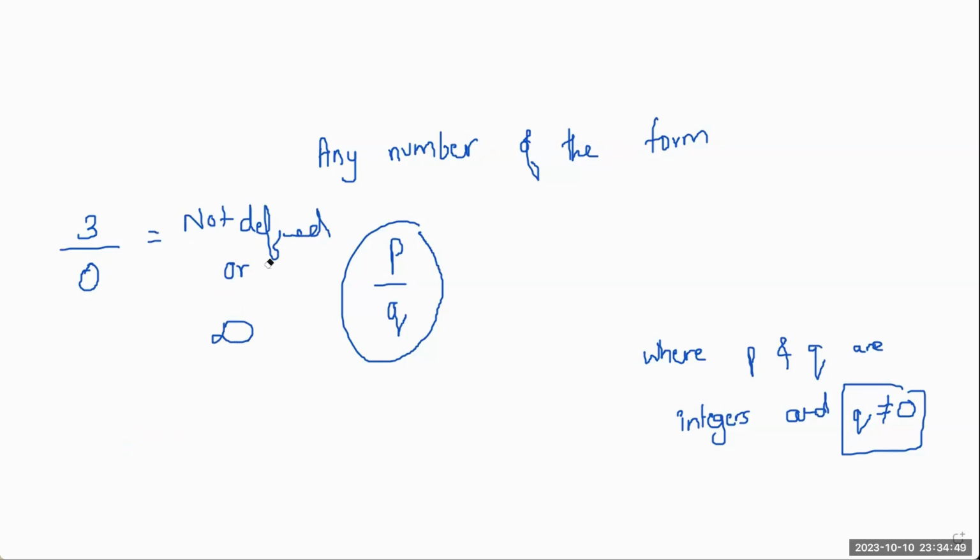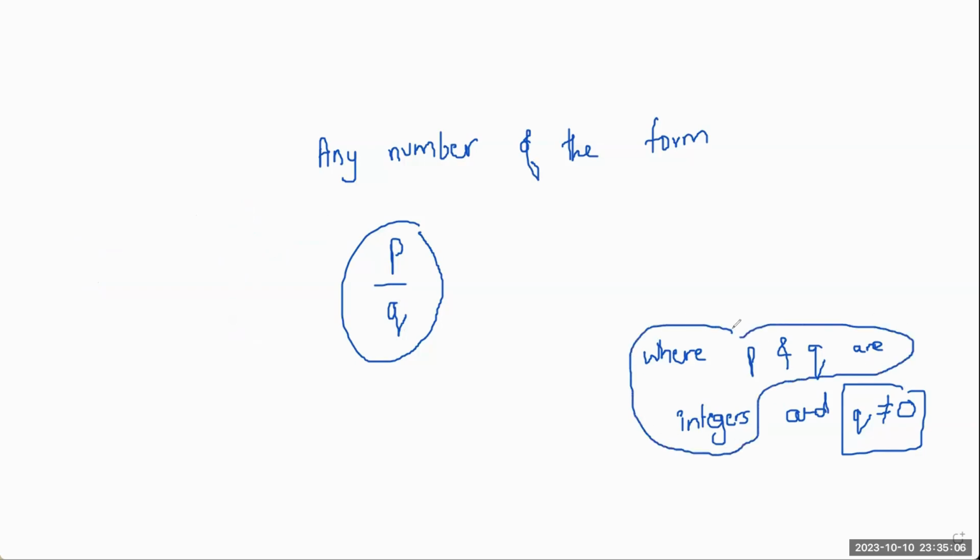In all of the problems that we have solved, our denominator was never 0. So that is something you need to be careful about. You can select any integers as P and Q, but the only condition is that Q cannot be 0. Did you understand this definition?